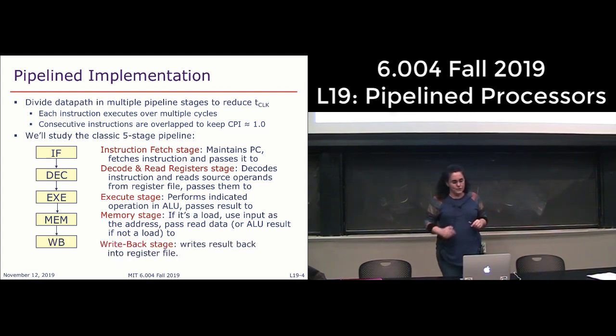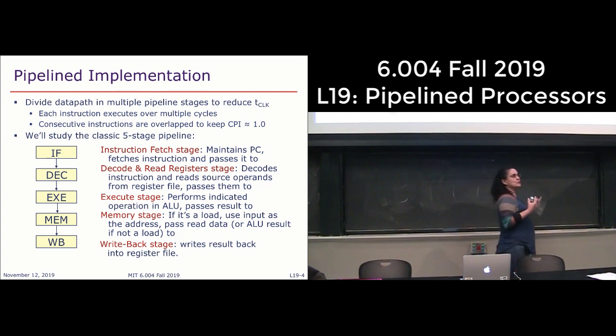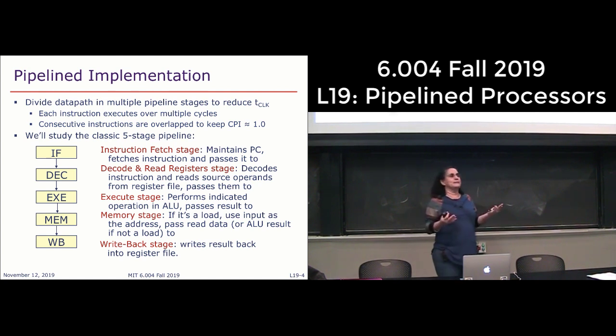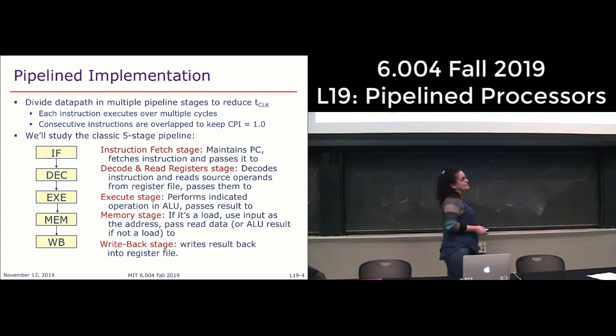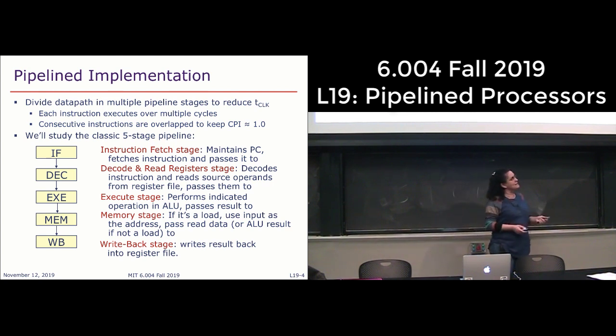Okay? So this looks pretty similar to what we discussed needs to happen in order to execute any given instruction. What we've done here is split the execution of the instruction into 5 stages, and each one of these boxes corresponds to 1 pipeline stage.